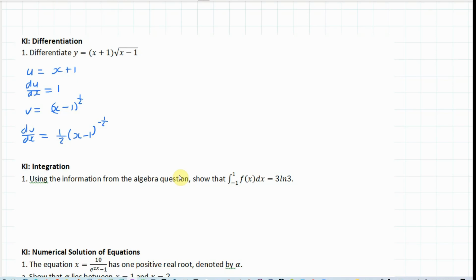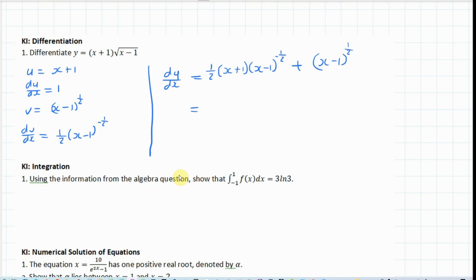Now I can plug that into my formula. So dy dx, or the gradient function, is going to be u times dv dx, so 1/2 x plus 1 times x minus 1 to the power of negative 1/2, plus x minus 1 all to the power of 1/2.